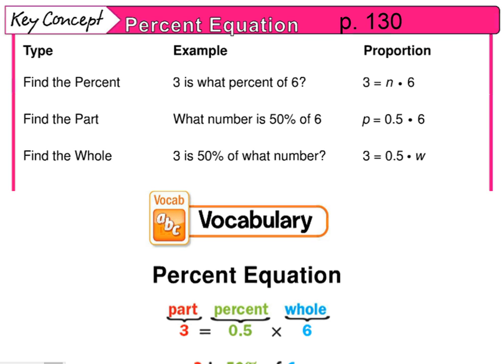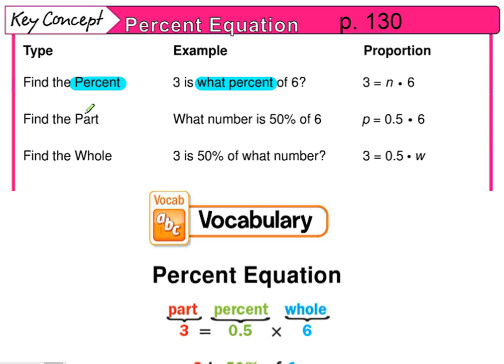So when you're asked to find the percent, an example of this problem would be 3 is what percent of 6? Since it's asking you to find the percent, that will be our variable n. So 3 is equal to n times 6.